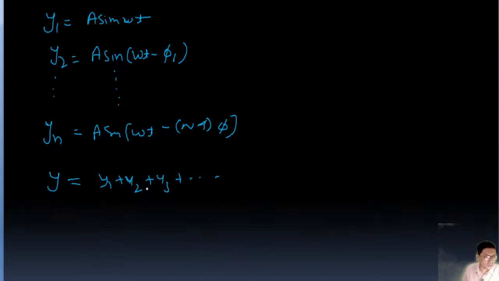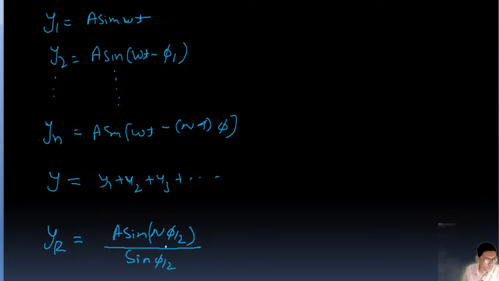From here we'll get the resultant yr, that is a sine n phi by 2 upon sine phi by 2, and this is the resultant wave, into sine omega t minus n minus 1 phi by 2.